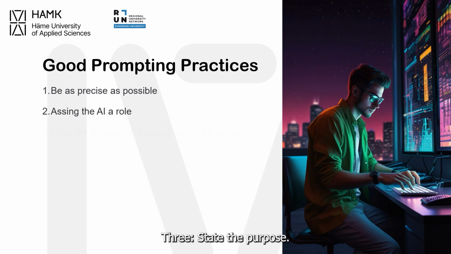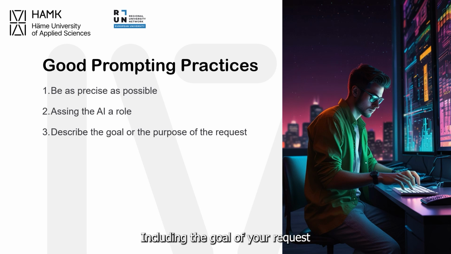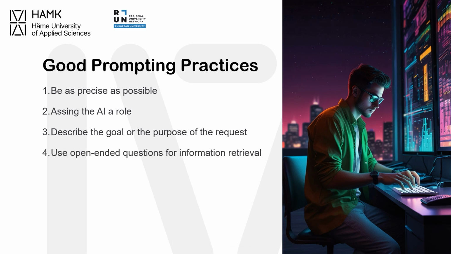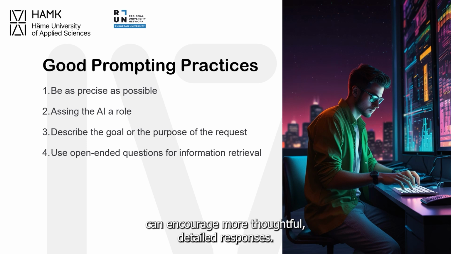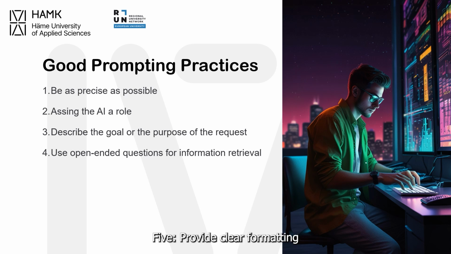3. State the purpose. Including the goal of your request can give the AI context, like asking for a summary versus a detailed explanation. 4. Ask open-ended questions. Phrasing prompts as questions like how and why can encourage more thoughtful, detailed responses. 5. Provide clear formatting.